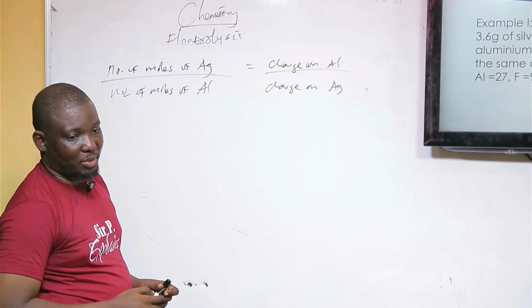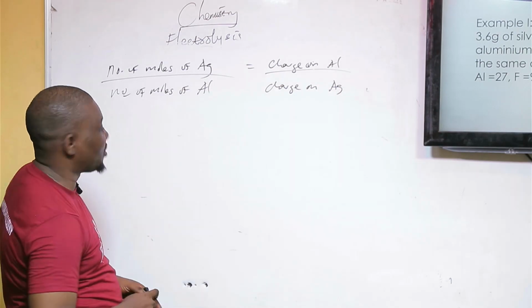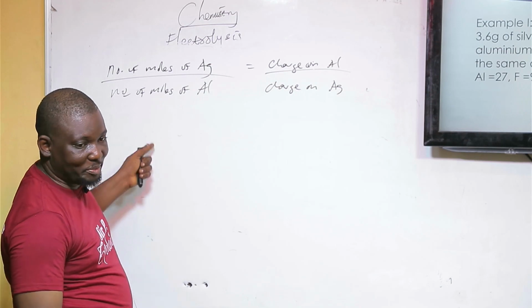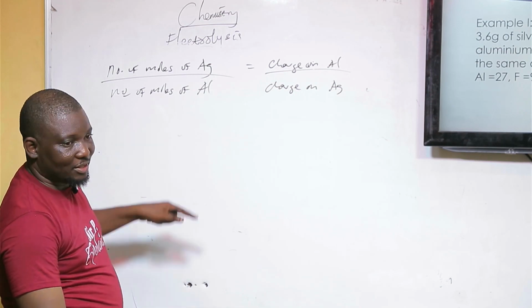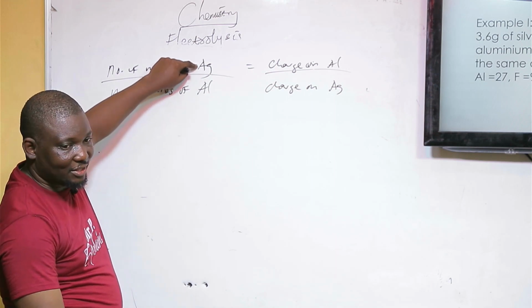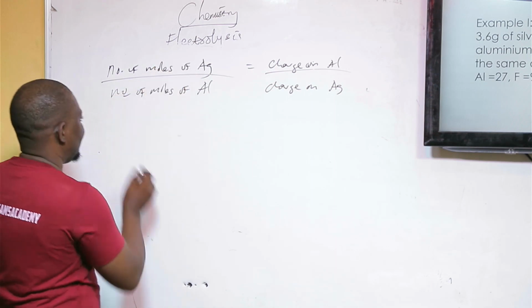But the number of moles was not given. But you can find the number of moles of the one whose mass was given. Which one was the mass given for? Silver. So find the number of moles.